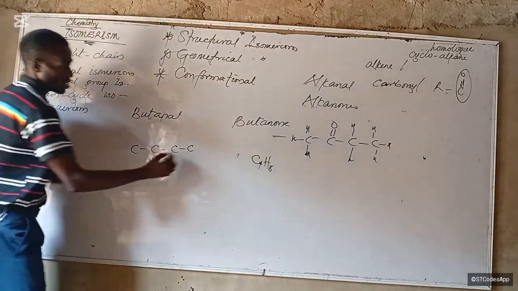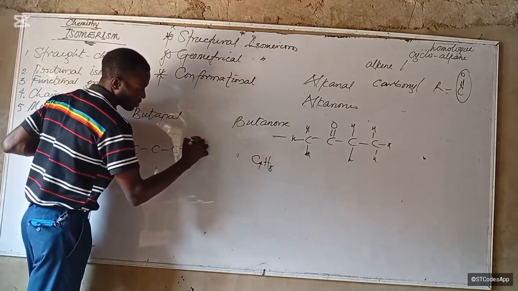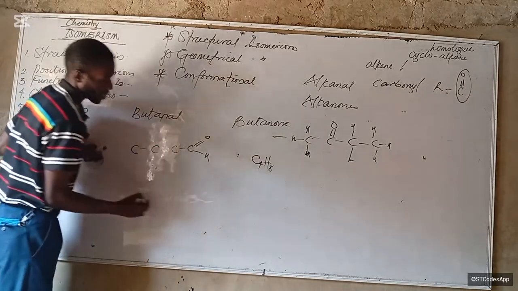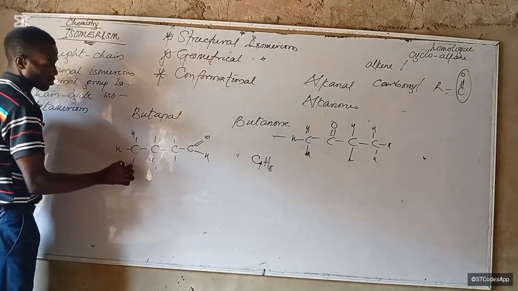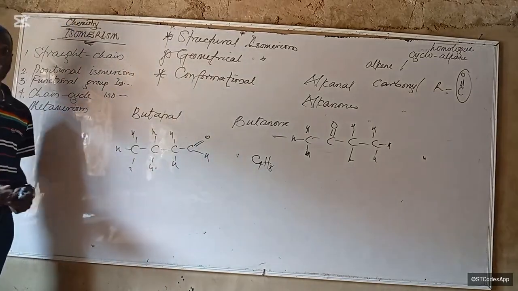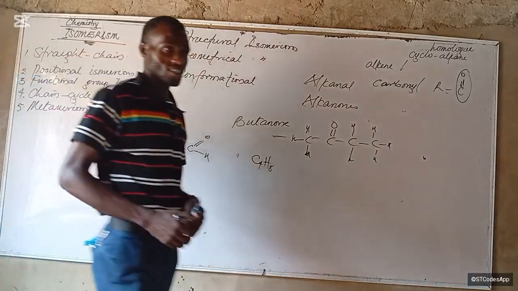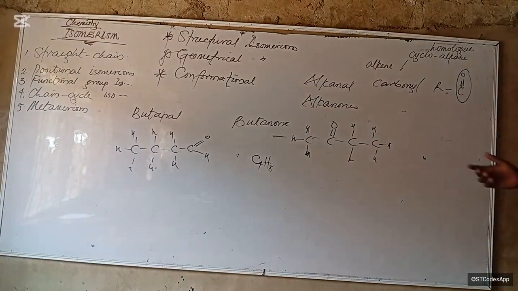Are you with me? So if the carbonyl group is terminal, we're going to have this, H8. Then they are isomers. Do you get it? Butanone and butanal, they are isomers.